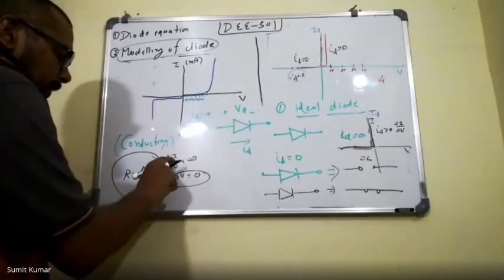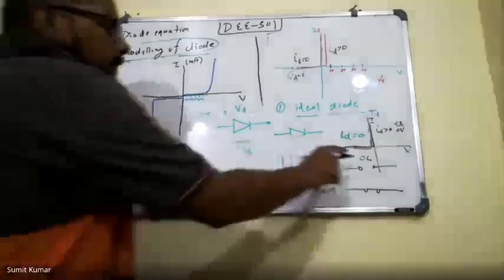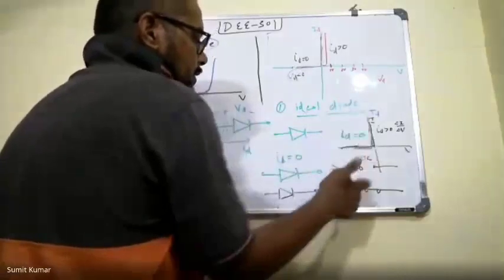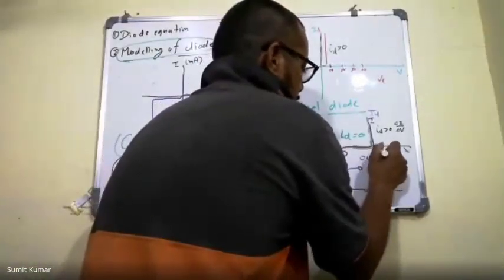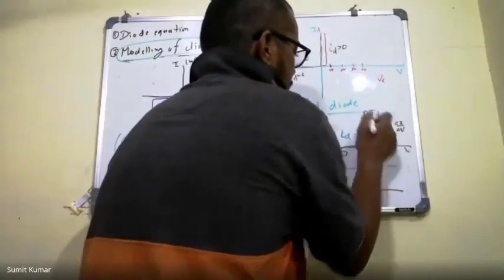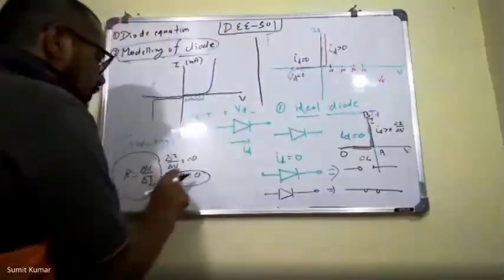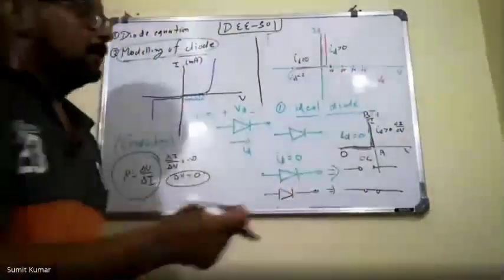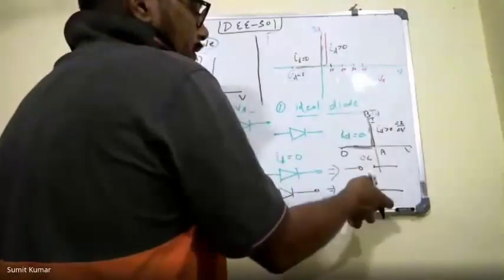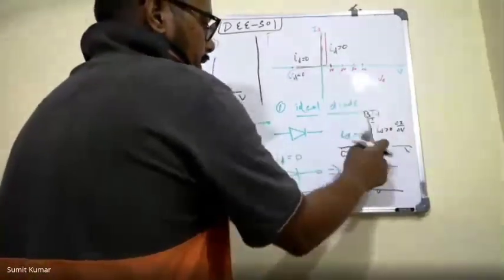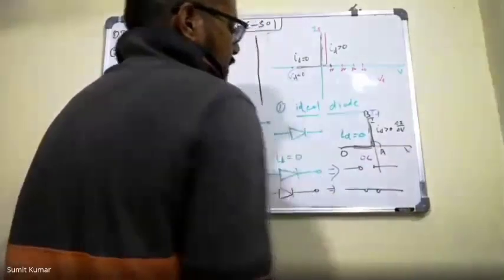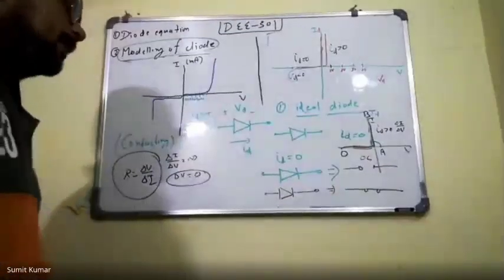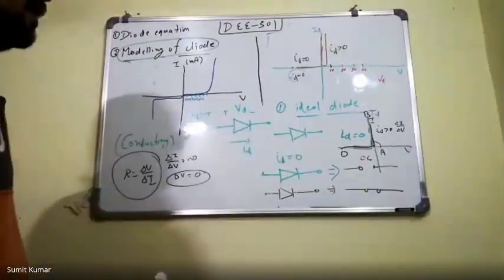If I name this portion AB, in the portion AB, delta I over delta V is infinity for this line. The slope is 90 degrees. You can understand by normal coordinate geometry, this line makes a 90 degree angle with the x axis, so the slope is 90 degrees.